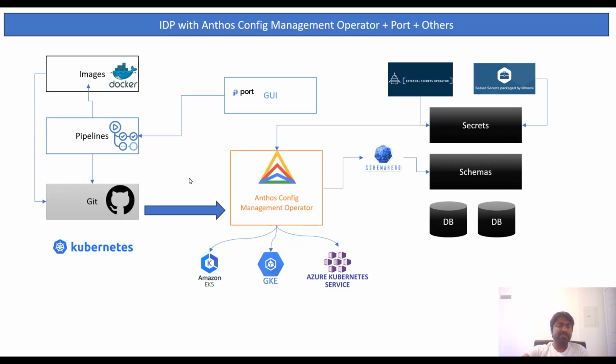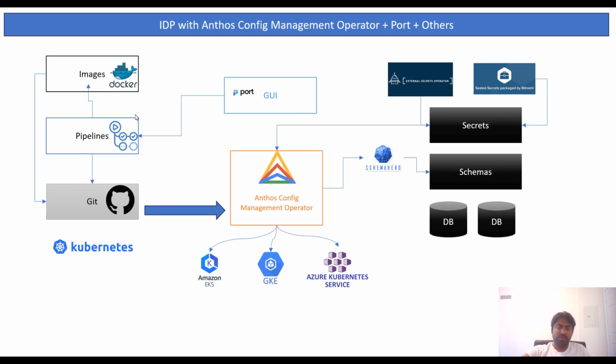Whatever changes I make using my Port GUI, I'll push to the repo. What I am going to do is click a button to build one system, and once I click that button, it will trigger a pipeline.